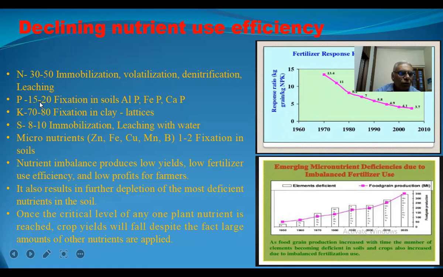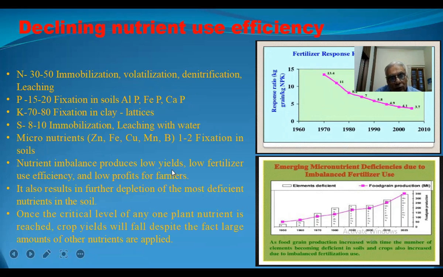Phosphorus that we apply is fixed in soil, reacting with aluminum phosphate, iron phosphate, and calcium phosphate, and it is not available to the plants. Potassium is also fixed in clay lattices, about 70 to 80%. Sulfur, 8 to 10% immobilization and leaching with water. Micronutrients, zinc, iron, copper, manganese, boron, 1 to 2% fixation in soil.